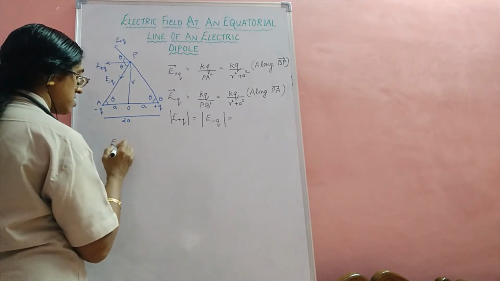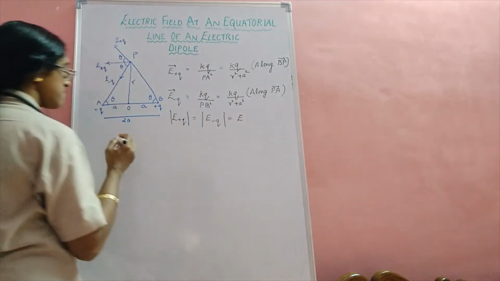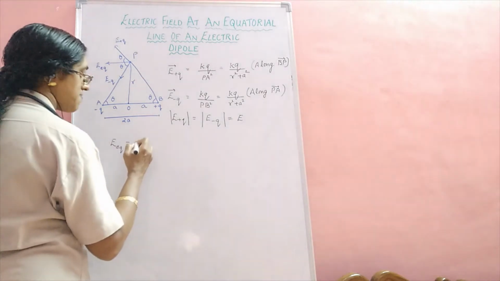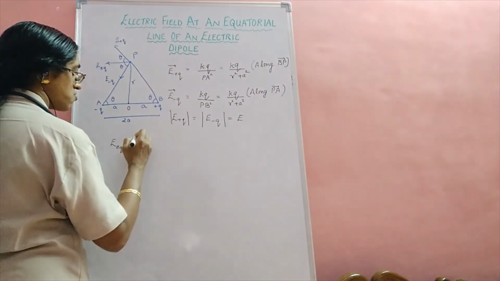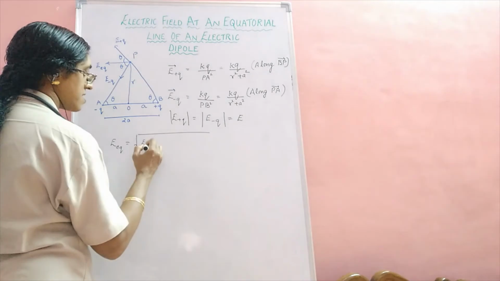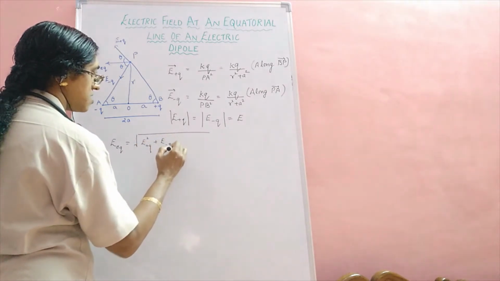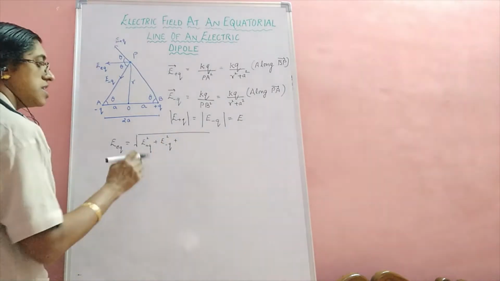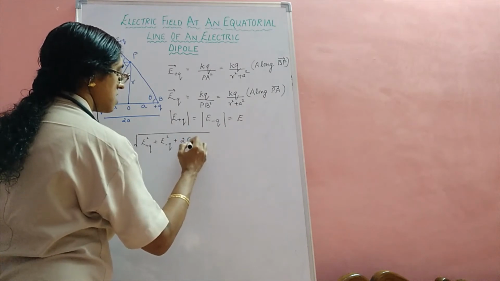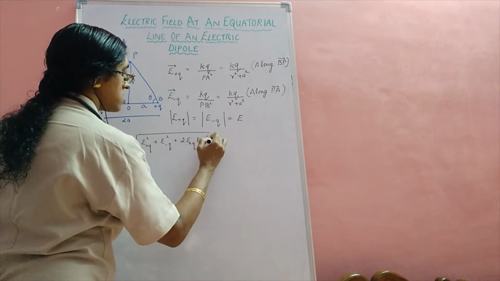So, here E equatorial, I am mentioning it as E. E equatorial will be equal to, by applying the parallelogram law, under root of P square, that is E plus Q square plus E minus Q square plus A square plus B square plus 2AB cos theta.